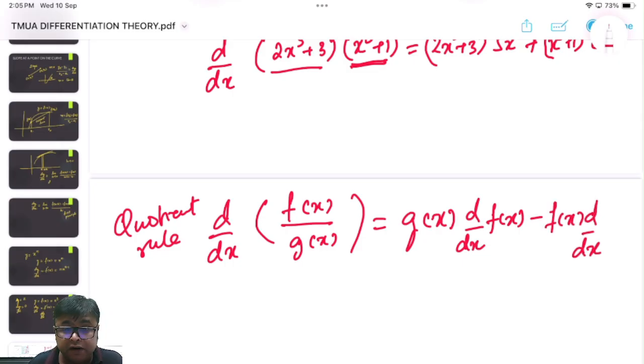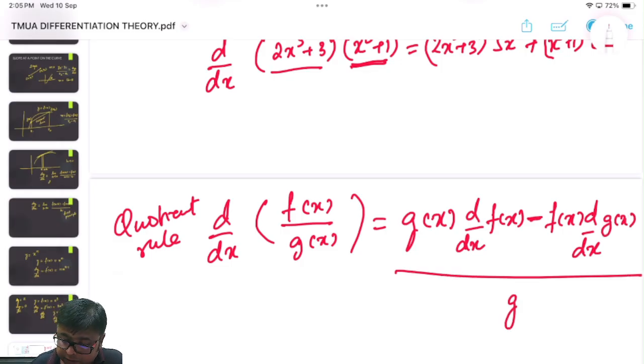Mind you, the order matters in this because there's a minus sign. Earlier, the order doesn't matter. You differentiate any, keep any of them the same and differentiate the other, because there's a plus sign in between. But here, order matters. First, you keep the denominator as it is, then you differentiate the numerator, minus you keep the numerator as it is, then you differentiate the denominator, and upon the function which is in the denominator, squared. So this is the quotient rule for you.